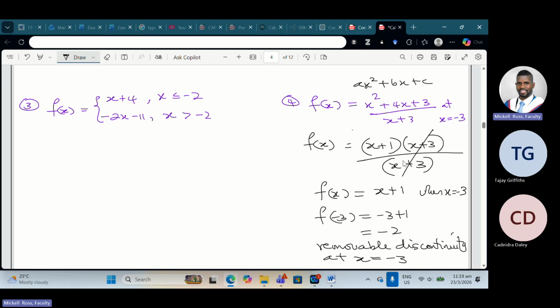So that's why it is called a removable discontinuity, because now you get a definite value when x is equal to negative 3. See the value right here? Clear to see.